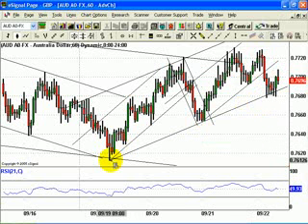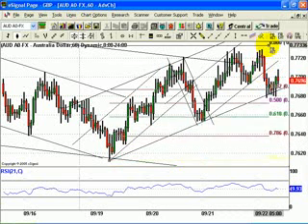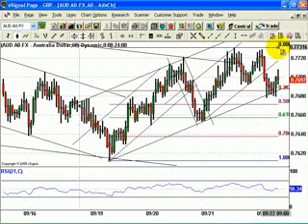If we also took a measurement from this point here to this point here, this point here, we would find that would be the 0.382 retracement. So we have 2 points giving support at this area here.